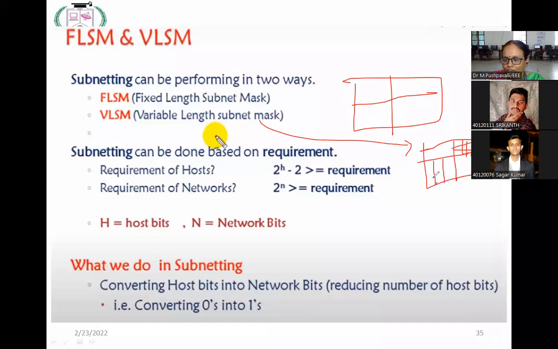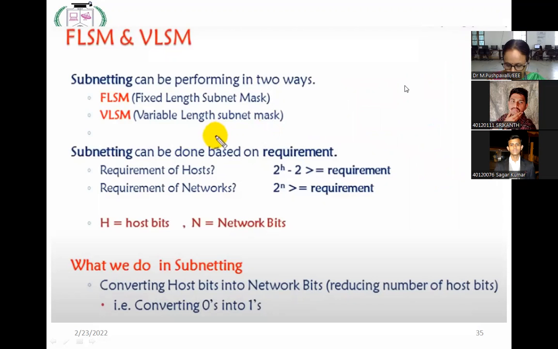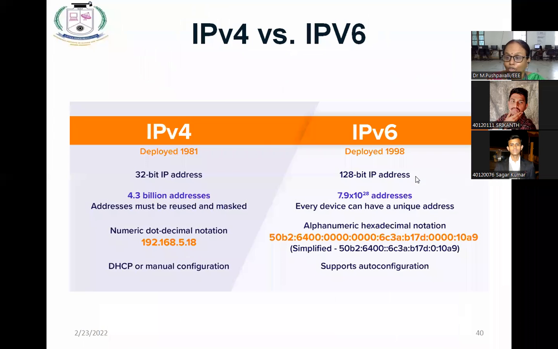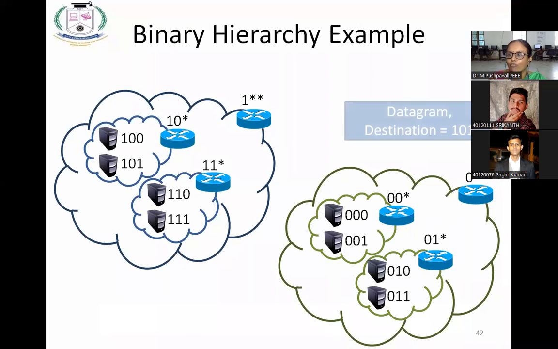Here I have one more length. So this is the variable length subnetting, and this is the fixed length subnetting. So I told you why we are applying the subnetting. What is addressing?